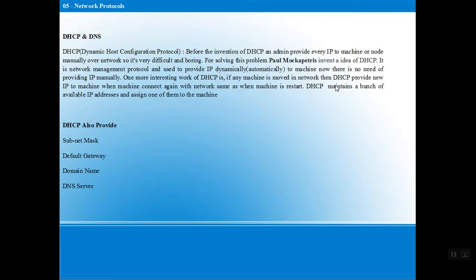These tasks are performed by the DHCP server, and as it provides the IP addresses to its clients, it will also provide the subnet, default gateway, domain name, and DNS server name. So DHCP plays a major role in our network structure, and we can say DHCP is used to provide the IP address automatically to the client without user intervention.